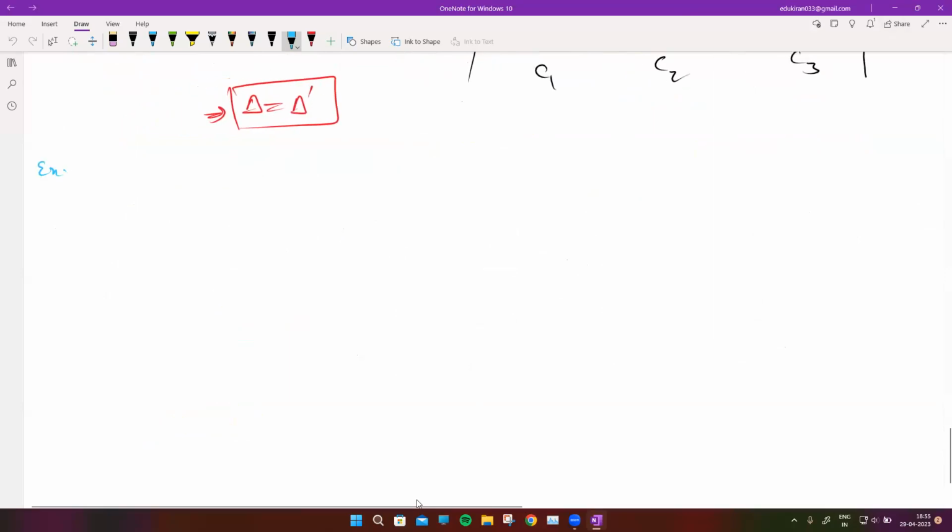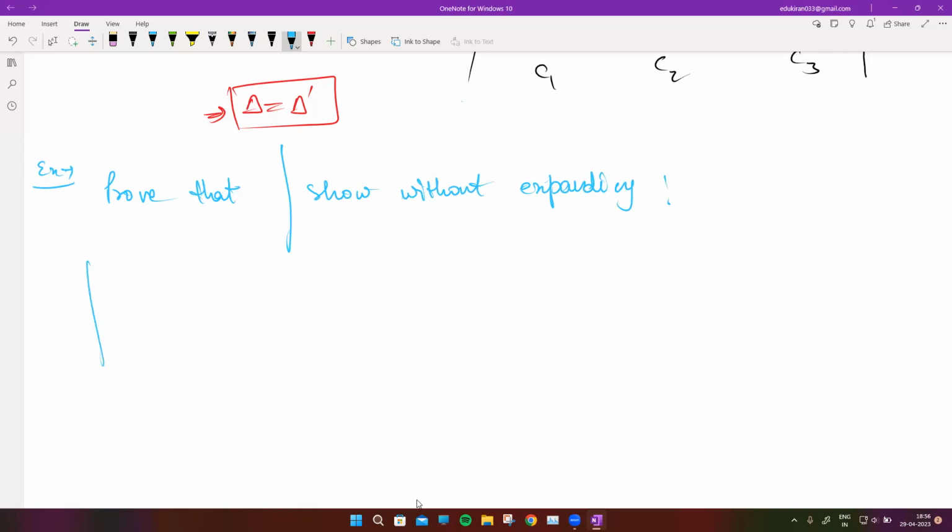So let's start with some of the examples, and it will be either written, prove that, or show without expanding. Both mean the same. And you have been given a determinant.